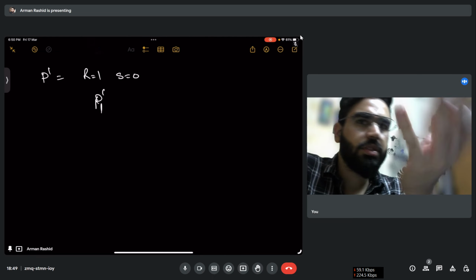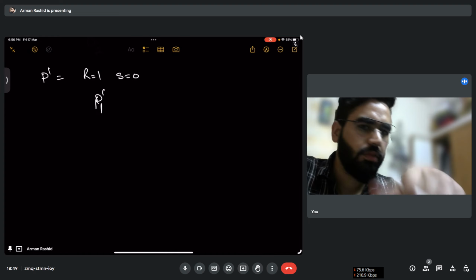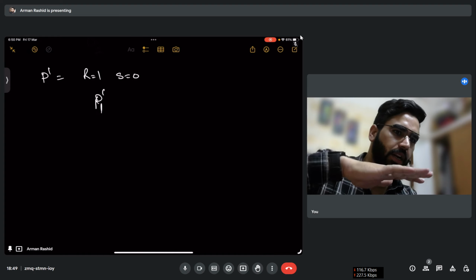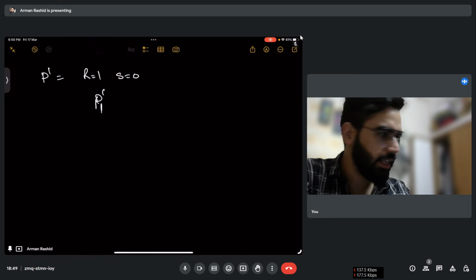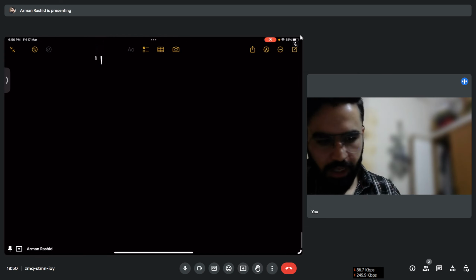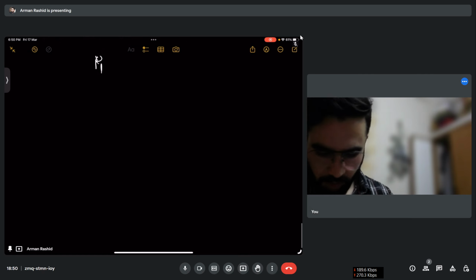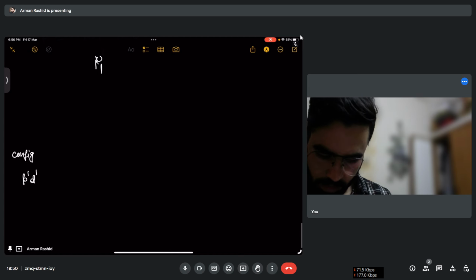Now, using Hund's rule of maximum multiplicity, we can arrange them on the basis of their energy. For that we will write whatever configuration we have. We have P1 D1. This is the configuration.